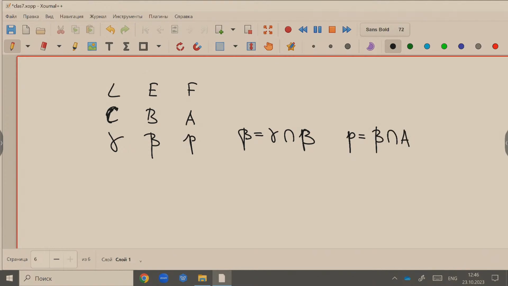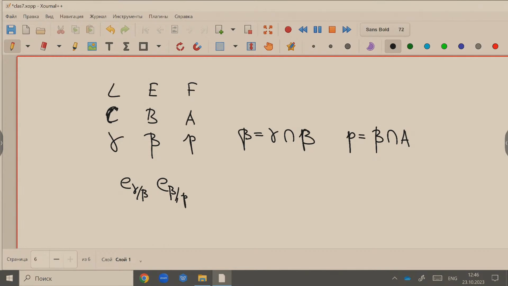So you can ask about the corresponding ramification indices. You can ask about e of gamma over beta, and e of beta over P. Meaning that if you localize with respect to P, then with respect to beta, and then with respect to gamma.